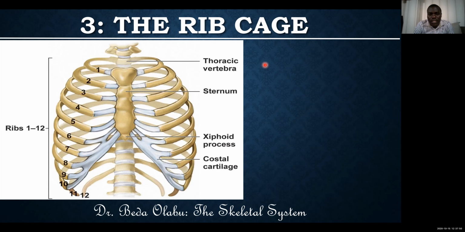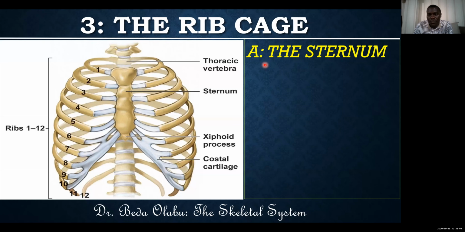We've already looked at the skull and the vertebral column. So let's look at the third component of the axial skeleton, which is the rib cage. The rib cage consists of 3 components: the sternum, the costal cartilages, and the ribs.